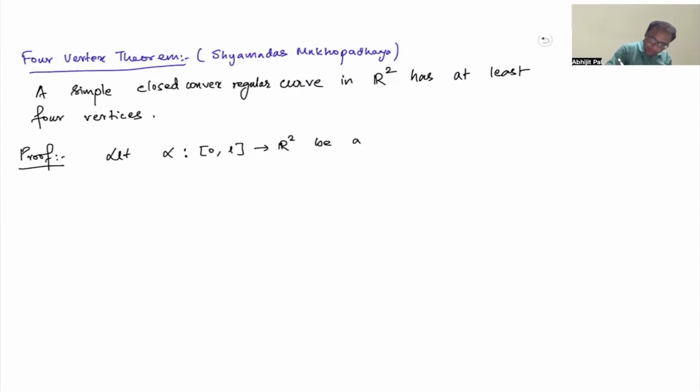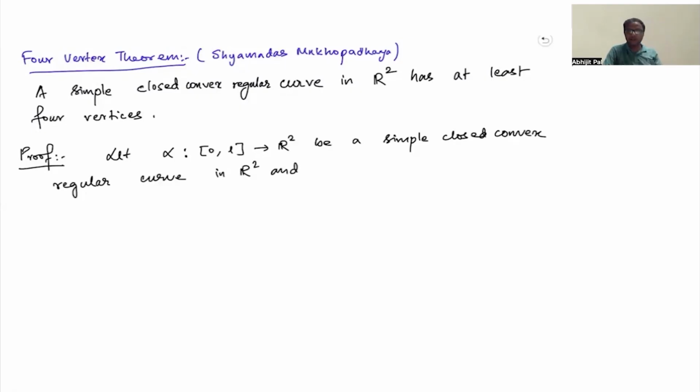So let alpha be a simple closed convex regular curve in R2, and the parameterization I have taken to be the arc length parameterization.